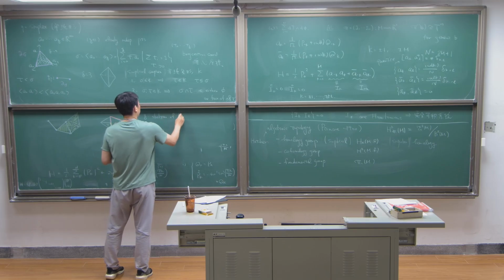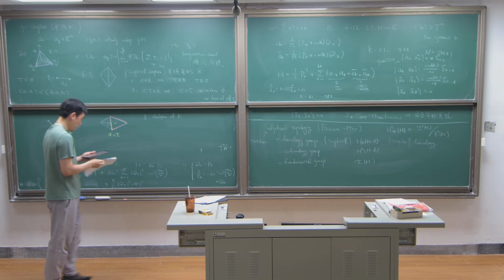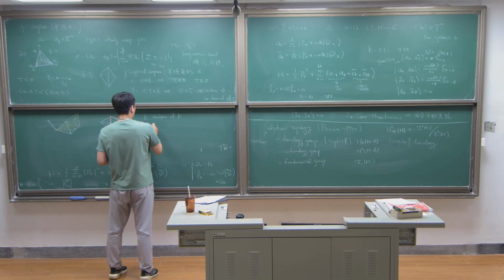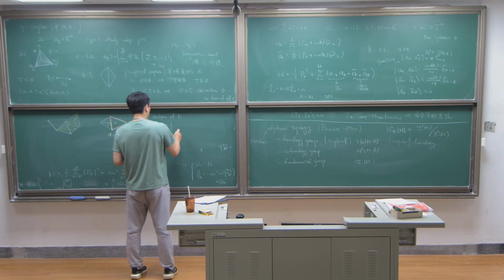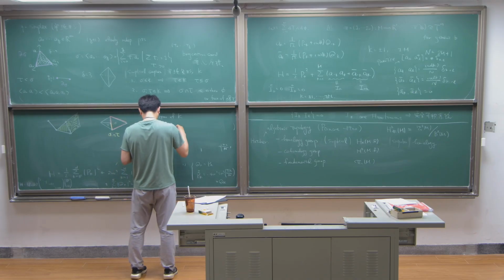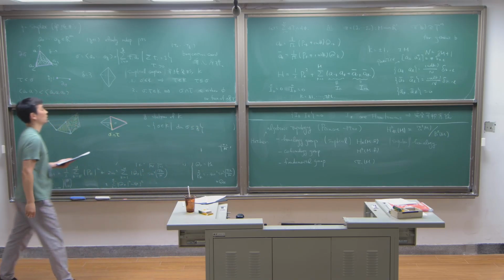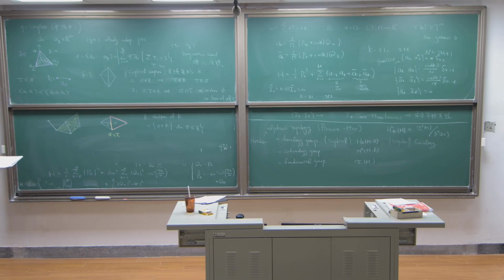And also, the q-skeleton of K is just all the sigma in K such that the dimension of sigma is less than or equal to q.